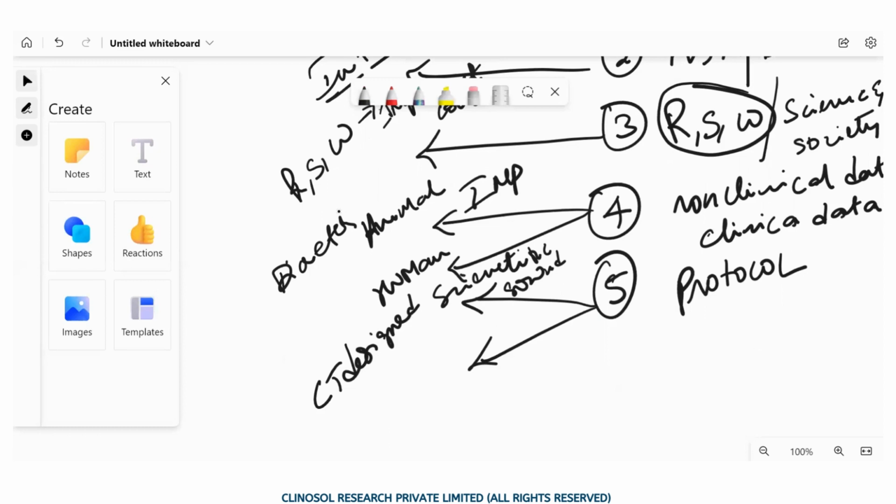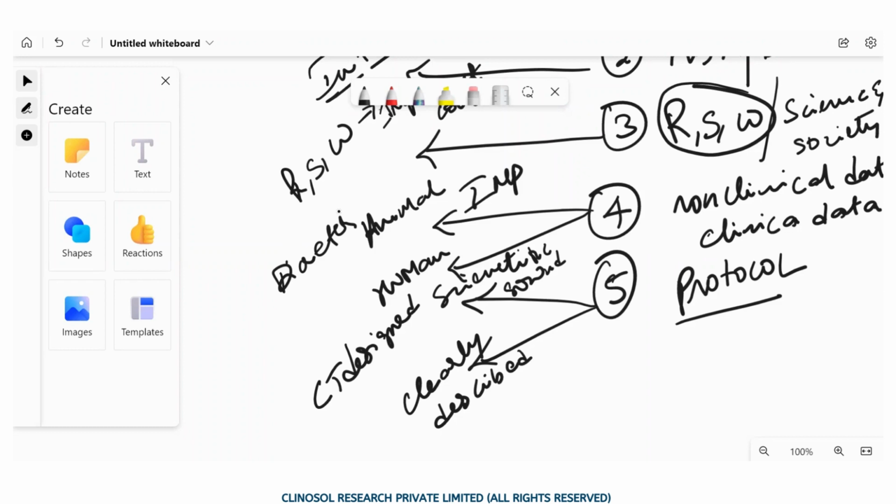You can't go and say, okay, I'll do this XYZ. It should be scientifically sound and it should be clearly described in one document. That document is called the protocol.